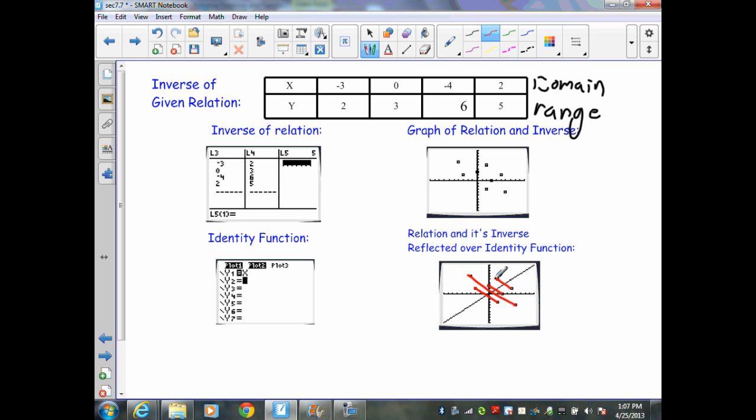So graphically, anytime we graph the relation and its inverse on the same coordinate plane, and I also graph the identity function, the relation will be reflected over that identity function. That's a graphical representation of the inverse of that given relation.